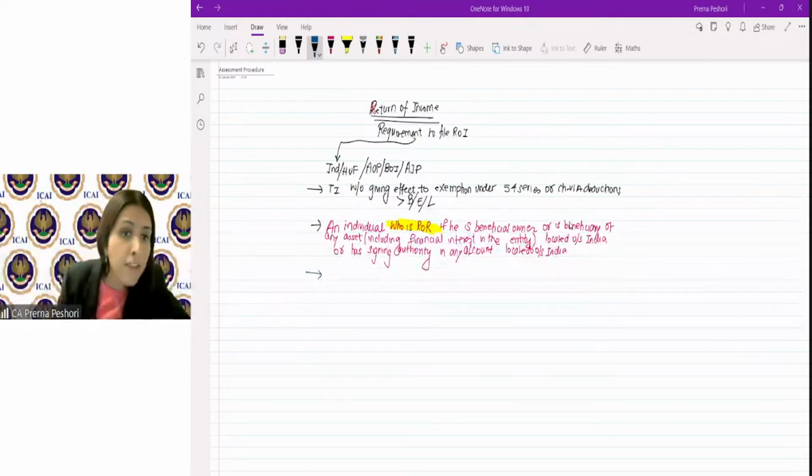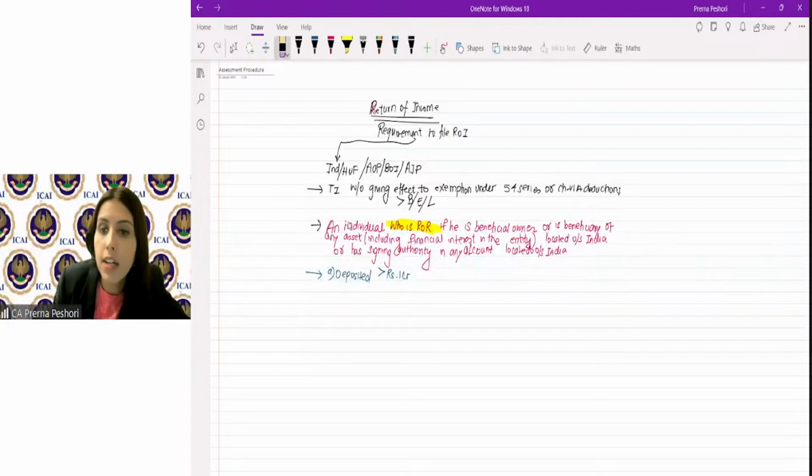But if they have deposited greater than rupees 1 CR in the current account.